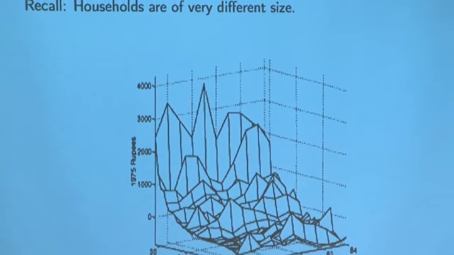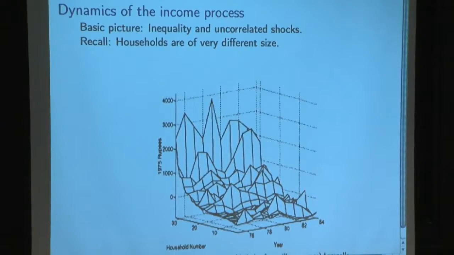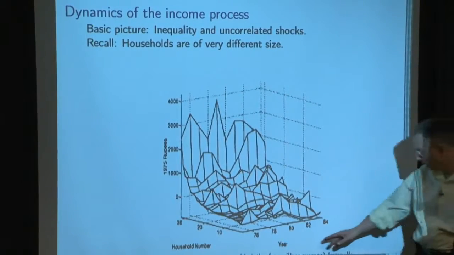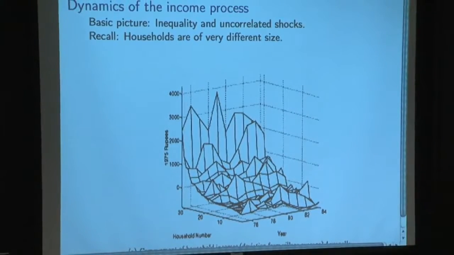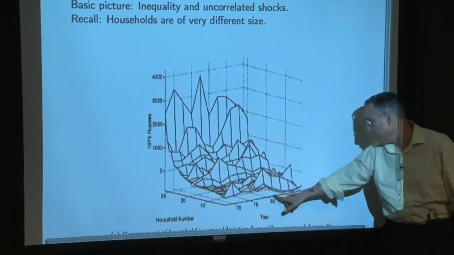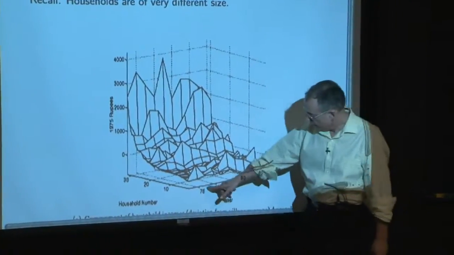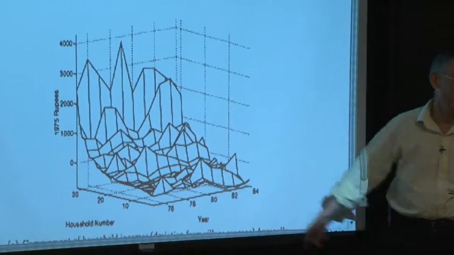So I've shown you this picture before, the Rocky Mountain picture. It's arguably the most famous graph I've ever produced. This is 10 years of data, and then the households are lined up, which is why I keep showing it.